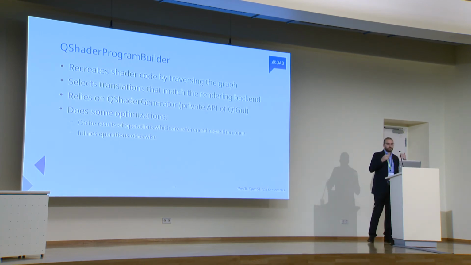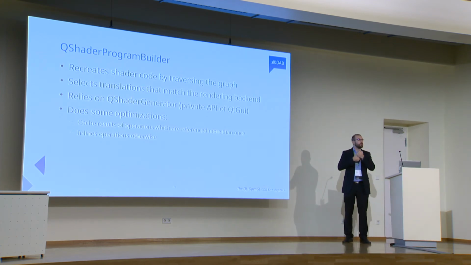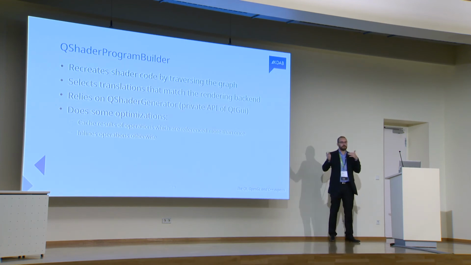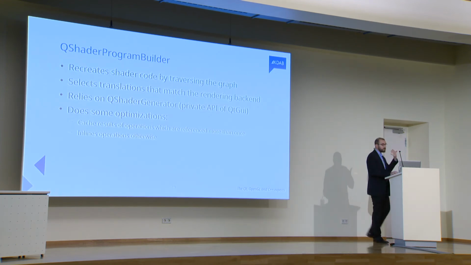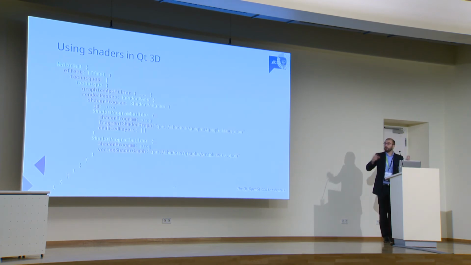It's going to look at what your hardware is capable of, and it's going to actually generate the shader code, do some optimization at the same time, removing temporaries and so on, so that you get a shader you can work with.